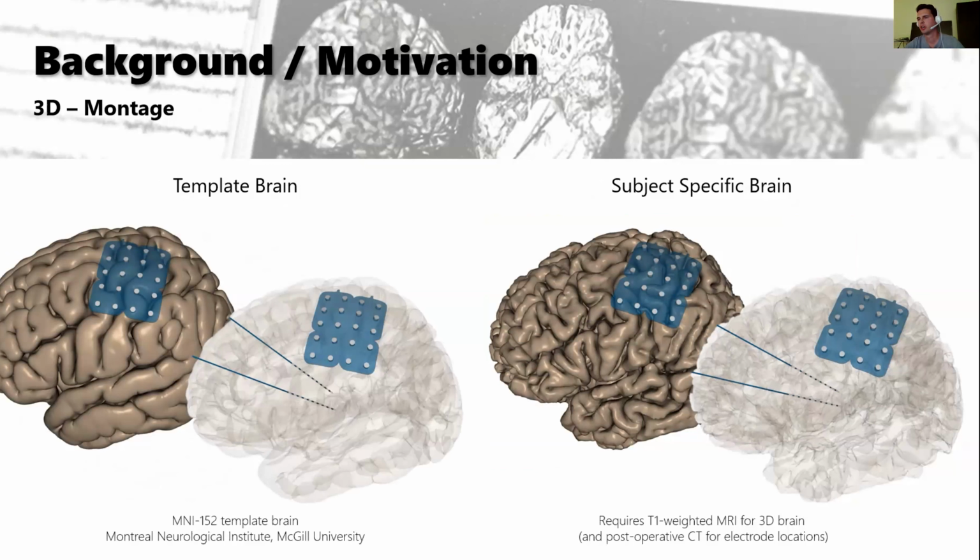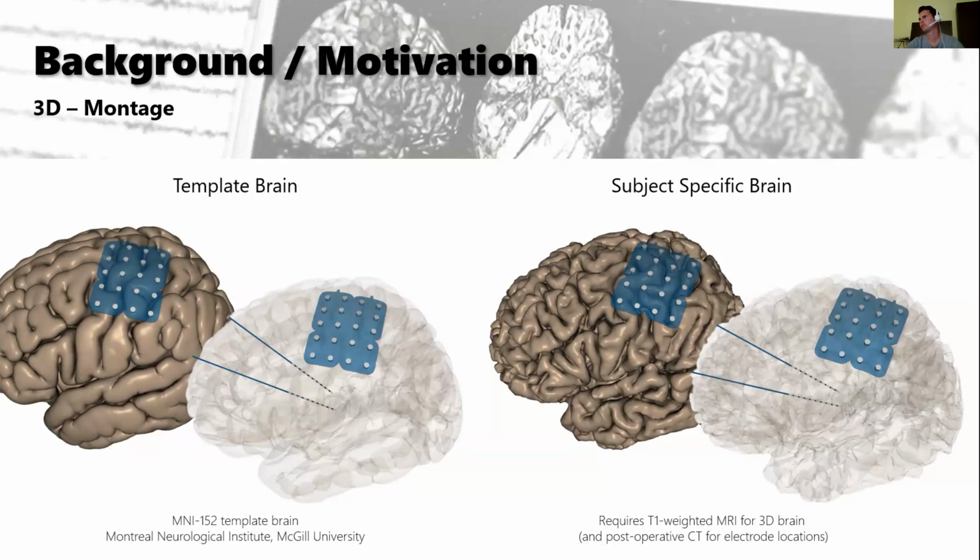A very commonly used one is the MNI template brain. And you can visualize your electrodes on the template, and you gain all the new features which are available in 3D. So you can rotate and so on, and see especially depth electrodes very nicely.